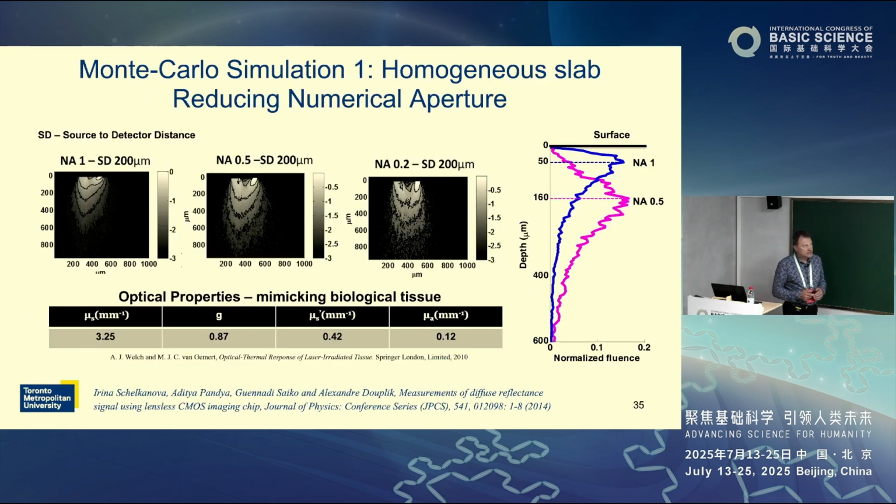And we started to simulate, based on the transport equation, by Monte Carlo simulation, considering only scattering in the first phase. As you can see, we could reproduce the subsurface peaks because of the trapping effect, and changing the numerical aperture, we could change the location of this peak, and that's the parameter we use.